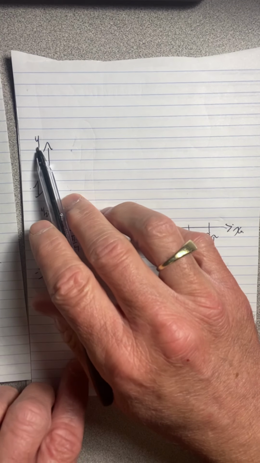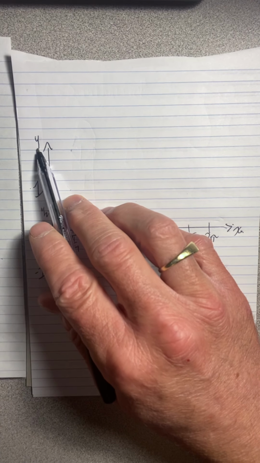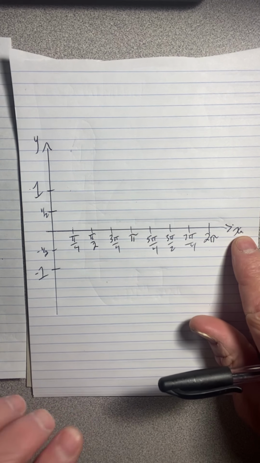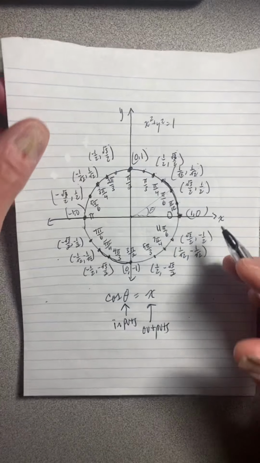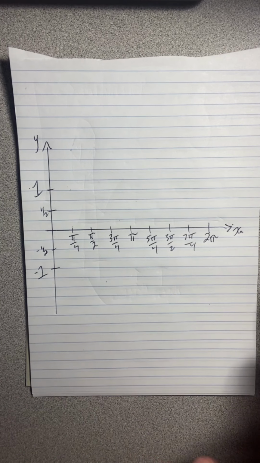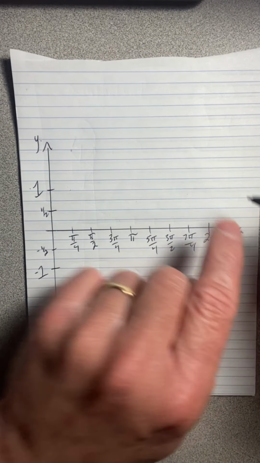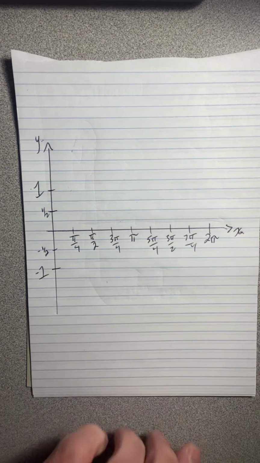So this is representing the x coordinates. That's kind of confusing. Y is representing the x coordinates where angle x intersects this unit circle in this diagram. So it can be confusing, but you just think of this as inputs and outputs. This is the angle measurements, and this is the x coordinates where that angle measurement intersects the circle.